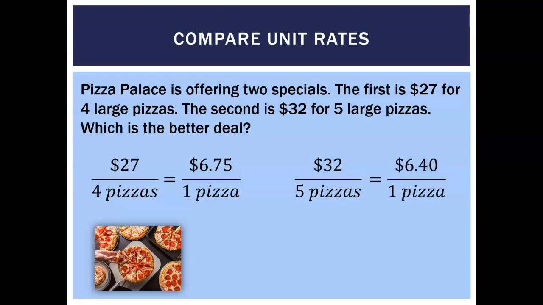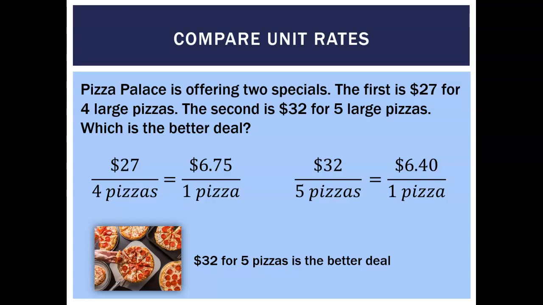In this deal, the price is $6.40 for 1 pizza. When you're comparing the unit prices and we're looking for the better deal, we want the one that is less. In this case, it would be less expensive per pizza to buy 5 pizzas for $32. The better deal is $32 for 5 pizzas.